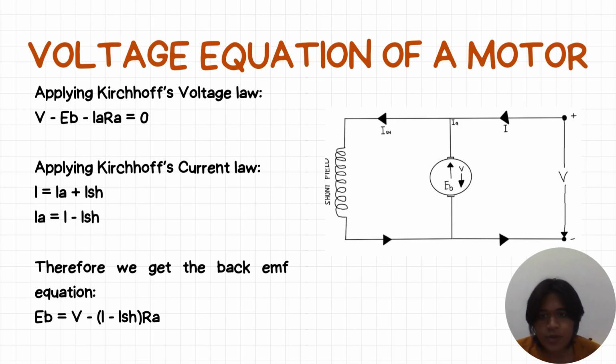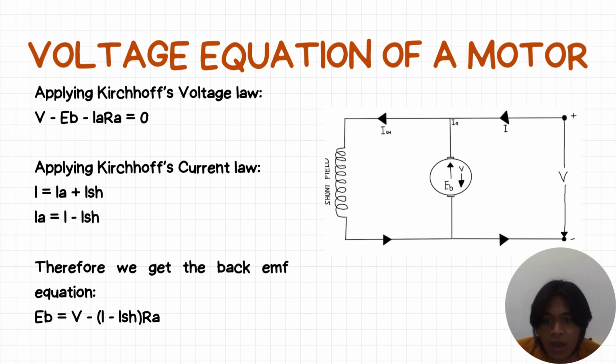Now, applying Kirchhoff's current law to the node where the positive side intersects the shunt field and the armature, we can determine I equals IA plus ISH, where IA is the armature current and ISH is the shunt current.